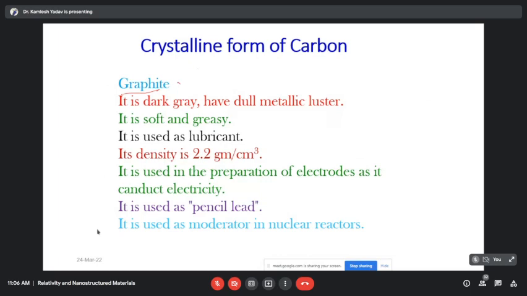Therefore graphite is dark gray in color, soft, used as a lubricant, and has a much smaller density compared to diamond. We use it as an electrode material, and also in pencil lead. Why do we use it in pencil lead?